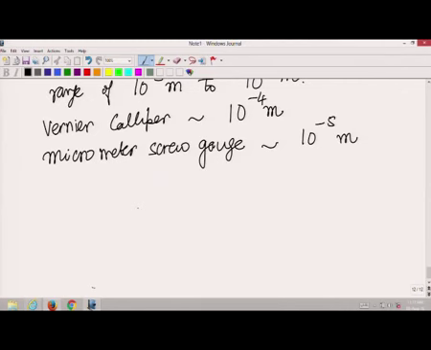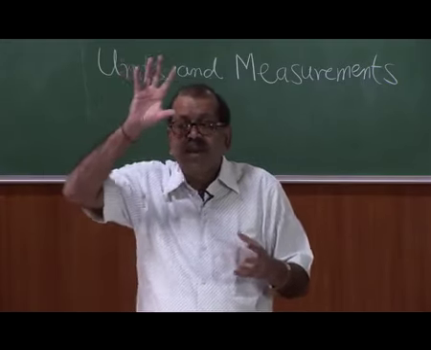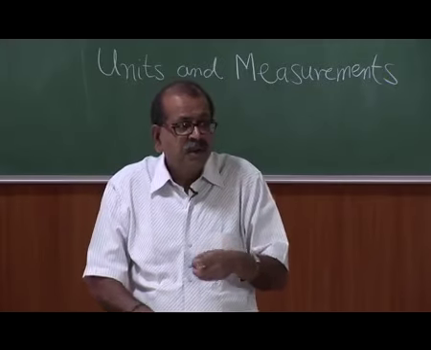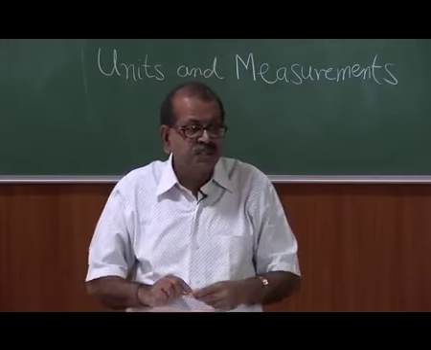If we have to measure large distances, clearly we cannot use a meter scale. Let us say we have to find the diameter of the moon. We can't use a meter scale, or we have to measure things at a distance.